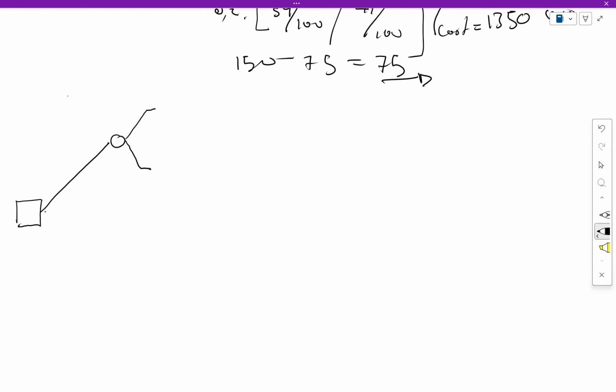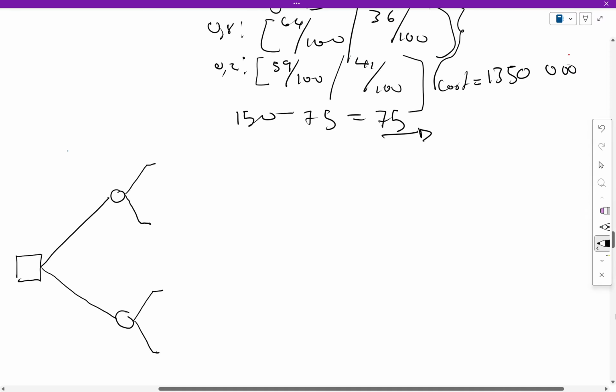Keep that in mind. Okay. So here it's 0.8, 0.2, 0.9, 0.1.